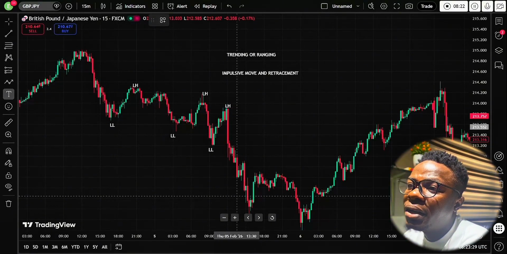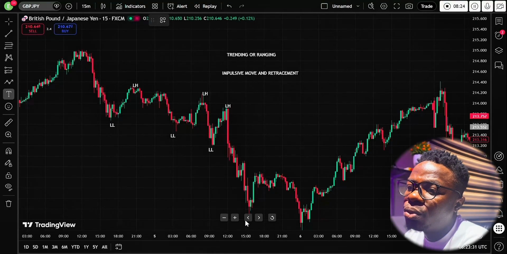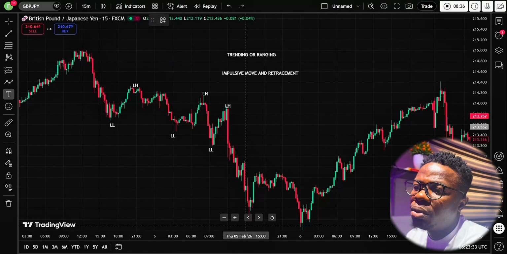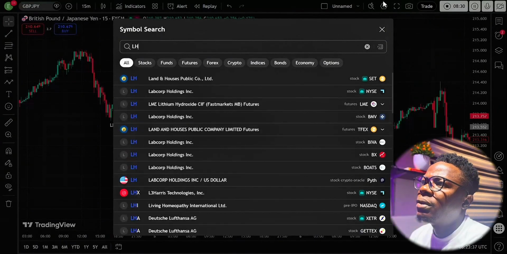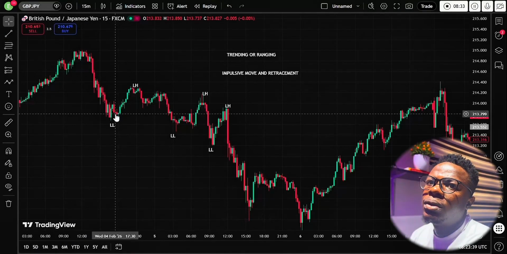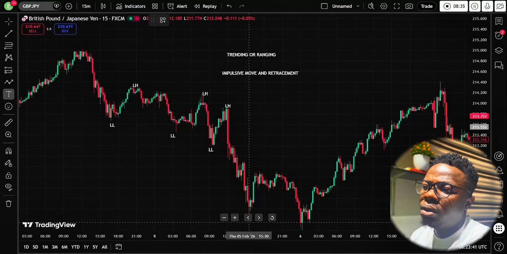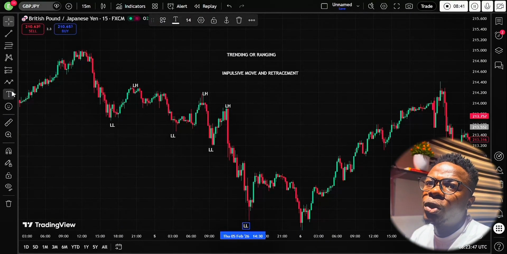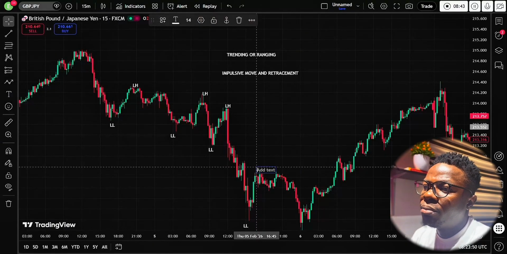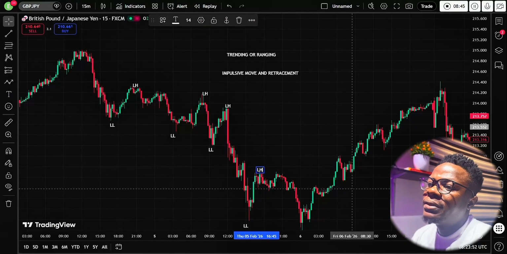Now over here, there was a push downward too, to form the lower low, and then it pushed upward here to form the lower high, right?